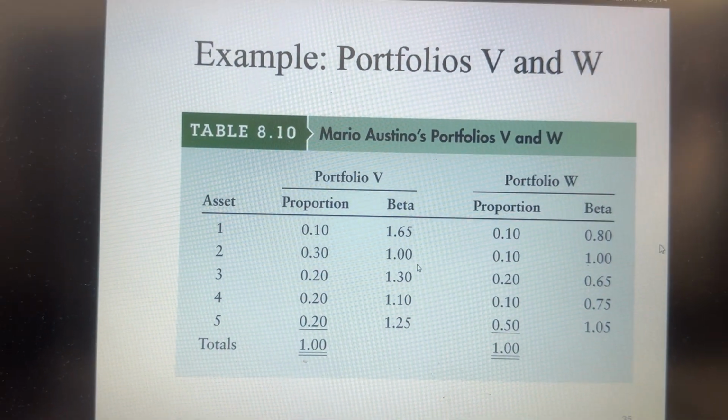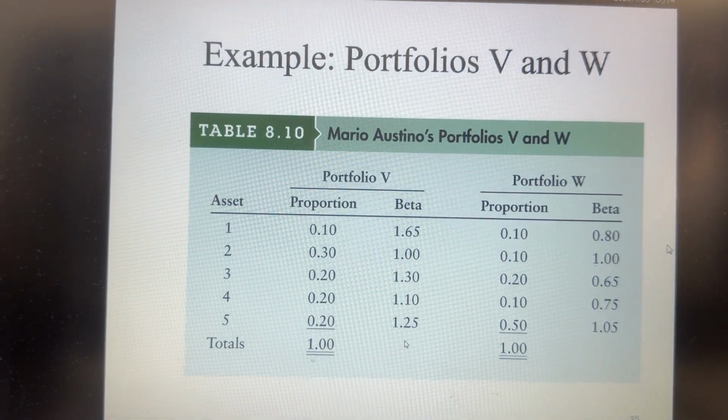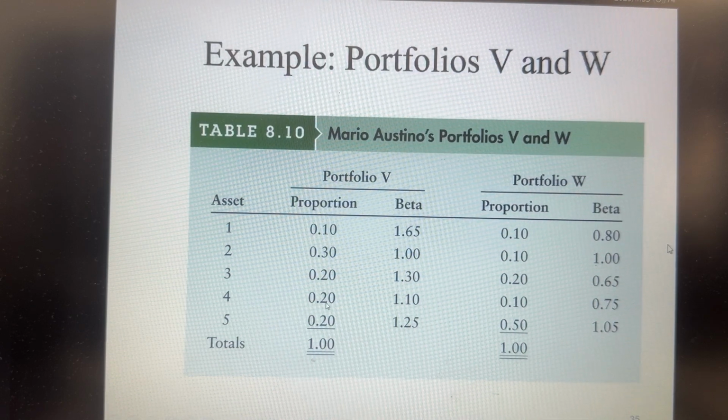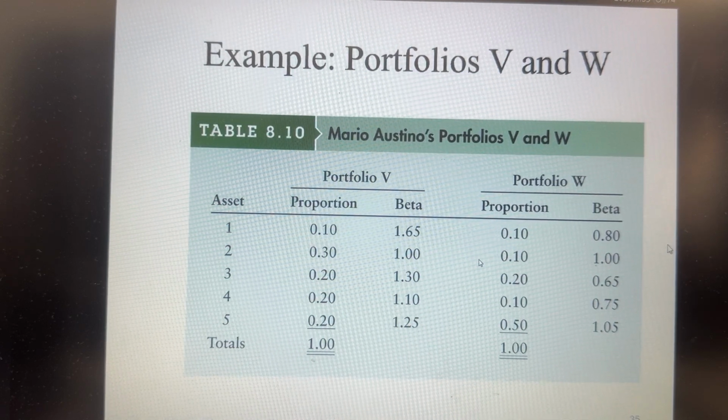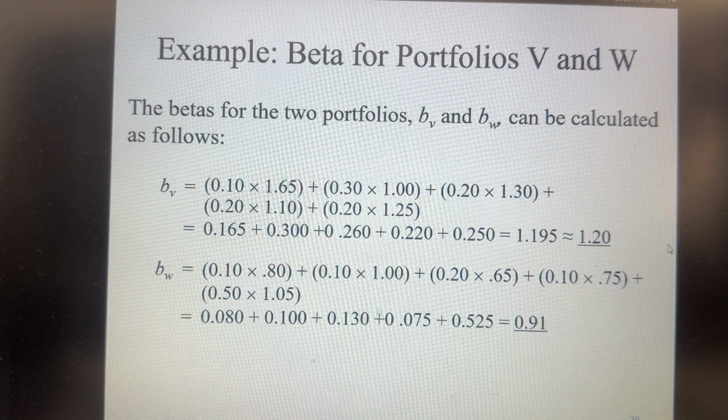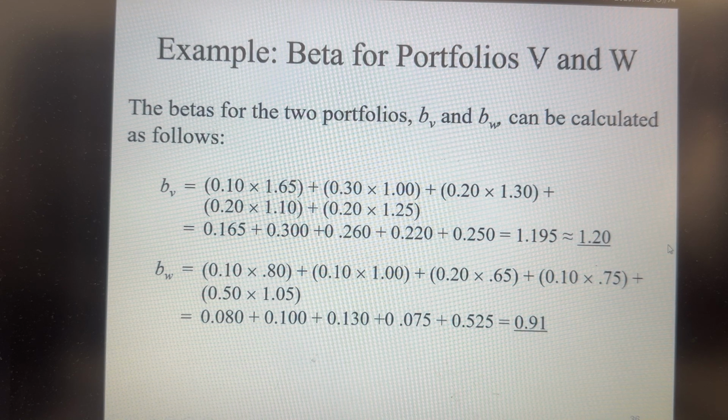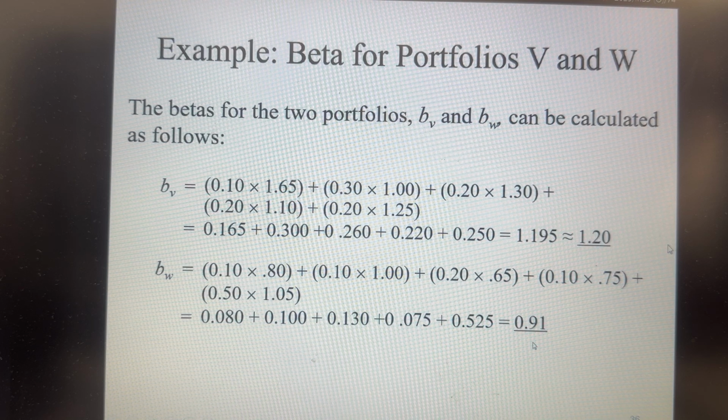Stock 2, beta 1. Stock 5, 1.25. The proportions, or weights, are given. So what is portfolio B's average portfolio beta? Multiplying each asset beta by its weight in the portfolio, we finally derive nearly 1.2 as portfolio B's risk. This risk is less, 0.91. A higher beta shows high risk, a lower beta shows lower risk.